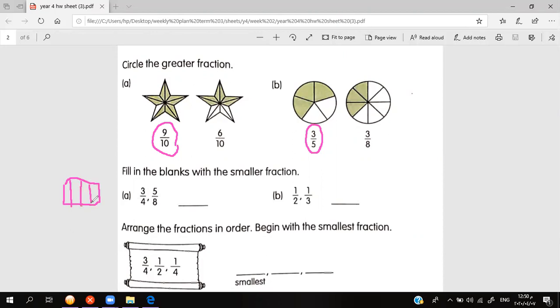It will be hard for me to take 3 from 4, or if I divide it into 8, it will be hard for me to draw. 1, 2, 3, 4, 5, 6, 7, 8, or to take like that. Which is bigger? It's the 5 from 8.